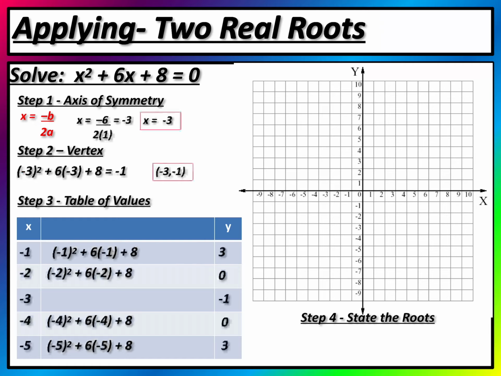That is your built-in check. So you know that you've got the correct vertex and the correct table of values if you get a pattern out in your y's. But don't just evaluate -1 and -2 and then copy those values for -4 and -5. You want to actually work them out to make sure that you're getting the correct values and that your pattern is true.